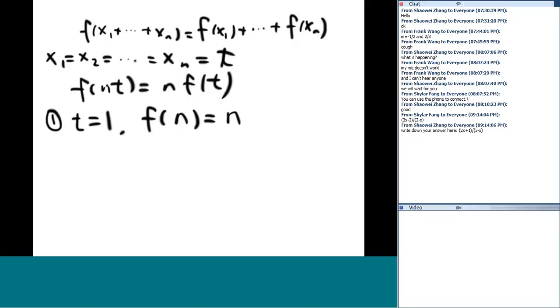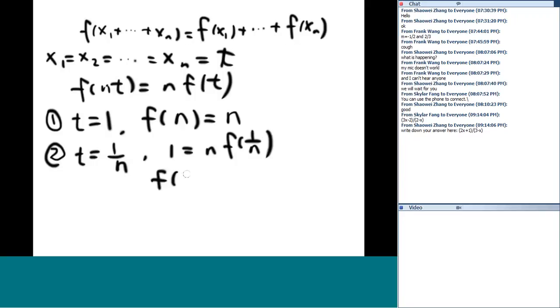So all the integers map to themselves. If you let t equal 1 over n, then this side is f(1), and this side is n f(1/n). You get f(1/n) equals 1/n. Right?